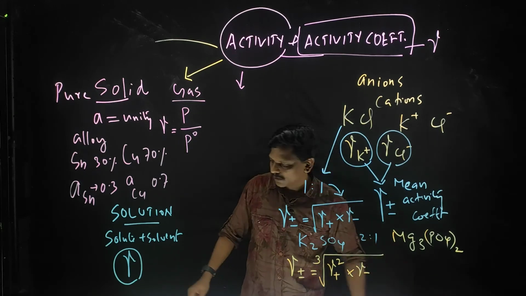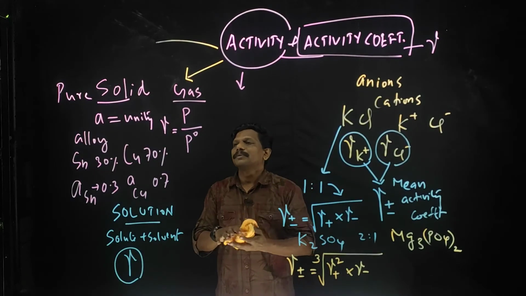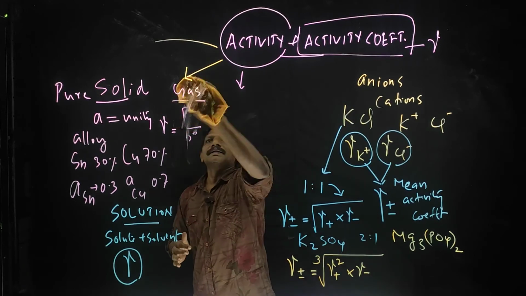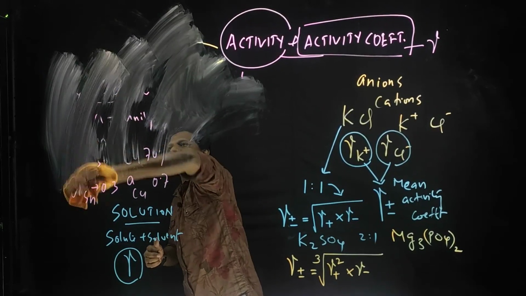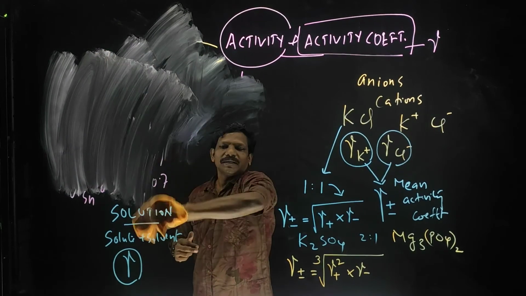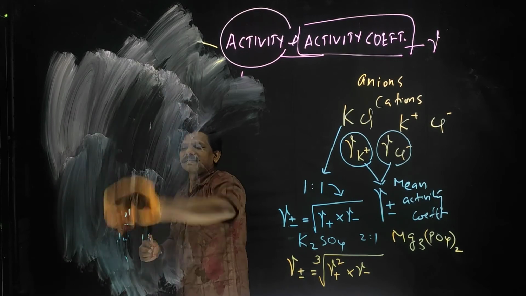Okay, so I will explain another term before I stop the class. That term is also very important when you are dealing with the Debye-Huckel theory. It is also like a concentration term, called ionic strength.